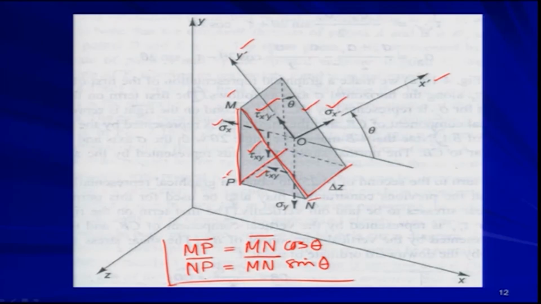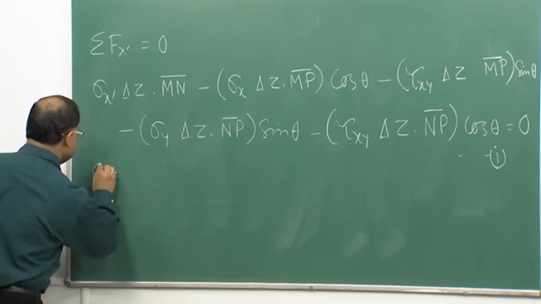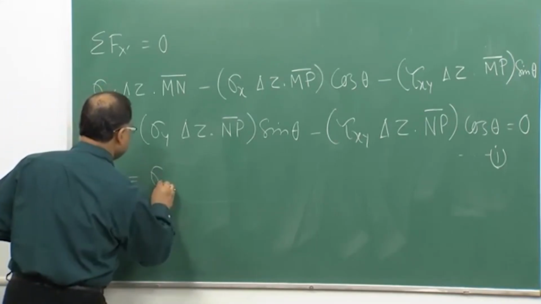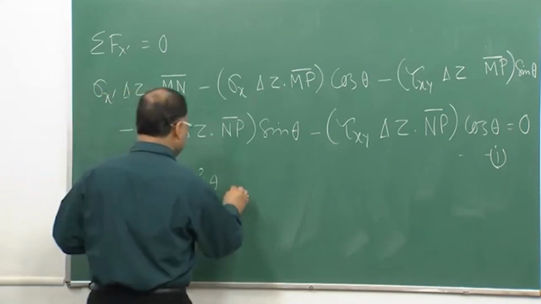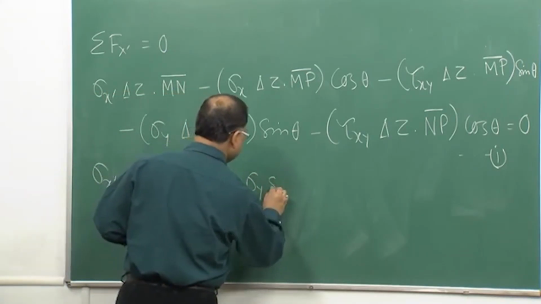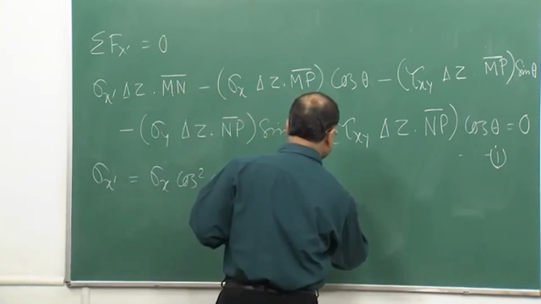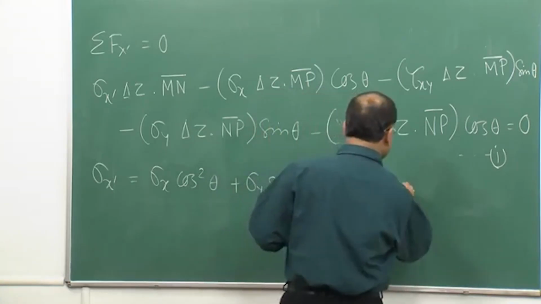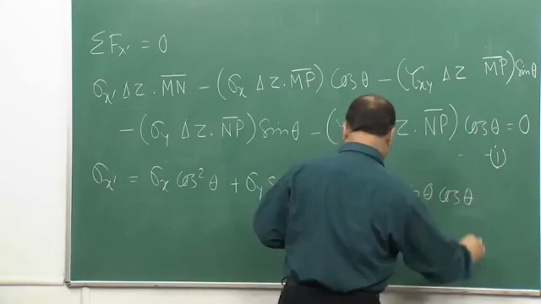If I put that, then from equation 1 I will get sigma x prime equal to sigma x cos square theta plus sigma y sin square theta plus 2 tau xy sin theta cos theta.